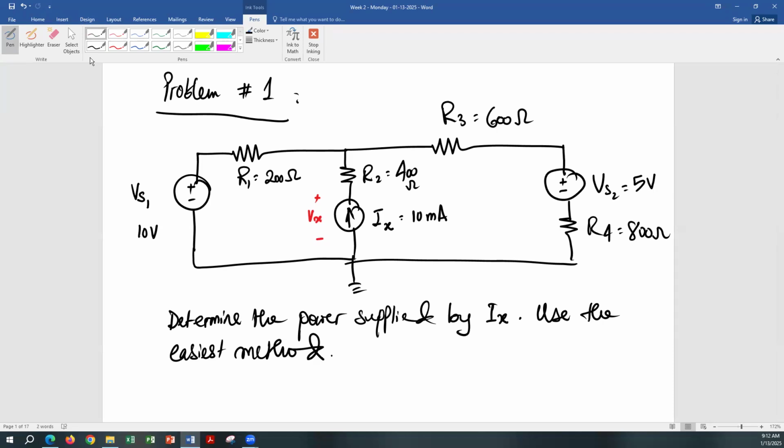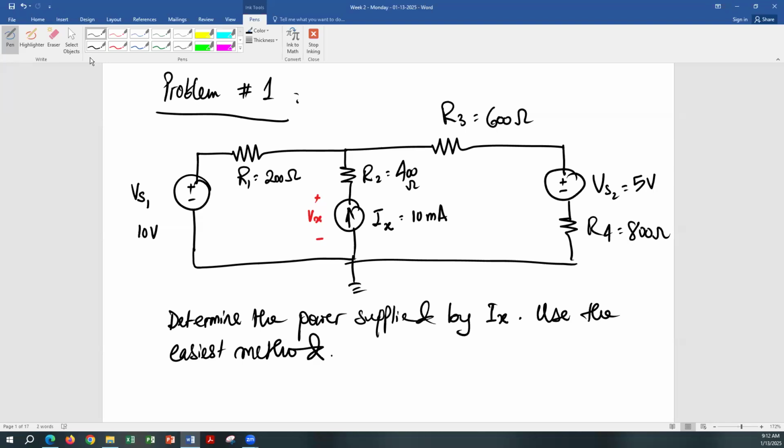The question is, what is the easiest method that you can employ to find Vx? And that easiest method is going to be nodal analysis. Nodal analysis is going to give you a single equation. And from that single equation, you can calculate the node voltage on top of R2 at the junction of R1, R2, and R3. Whereas if you apply mesh analysis, you have two loops or two meshes.